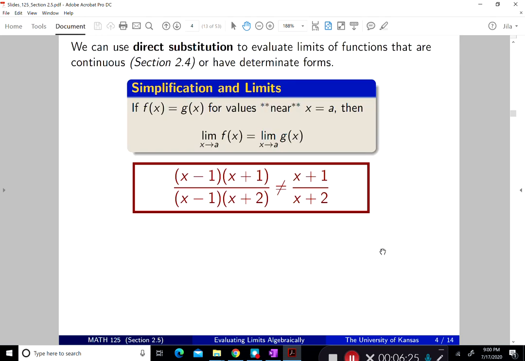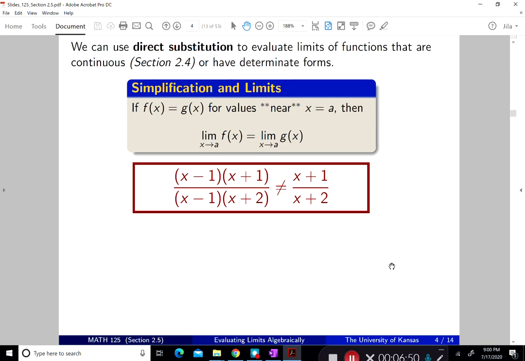So now, out of the ways of solving for limits, we can use direct substitution to evaluate limits of functions that are continuous. And that's section 2.4, we saw that in there, or functions that have determinate forms.